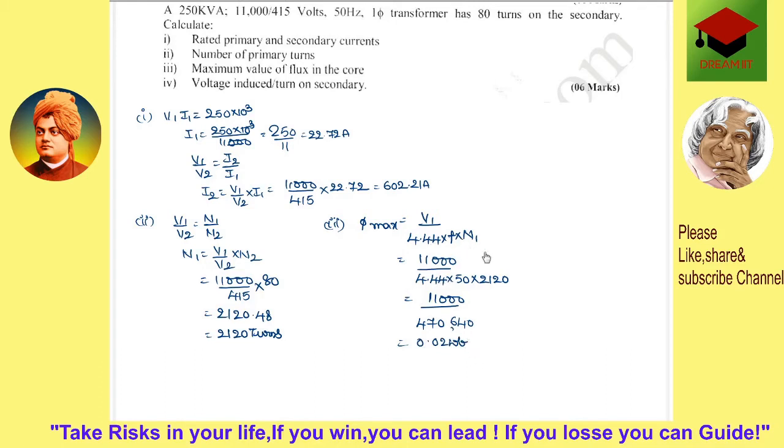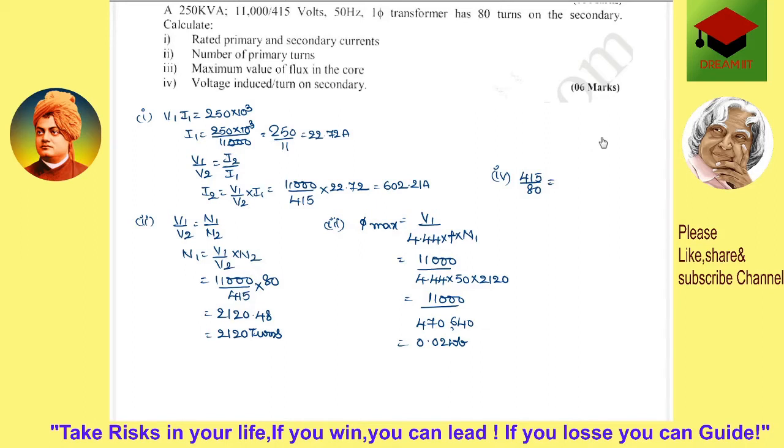Voltage induced per turn on the secondary. So on the secondary side, what is the voltage? It is already given as 415. So for the voltage induced per turn, how many turns are there on the secondary side? The number of turns is given as 80. So for each turn, how much are you going to get?